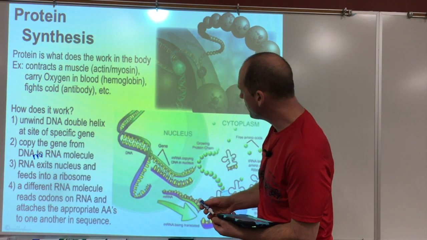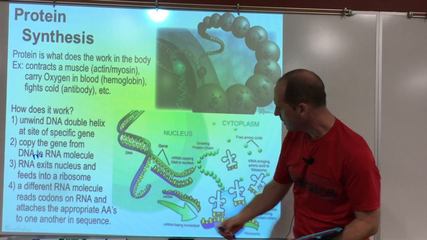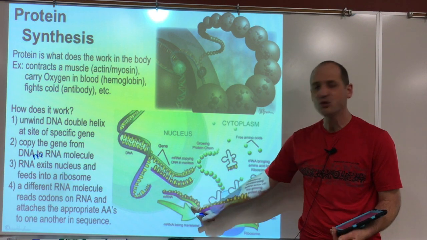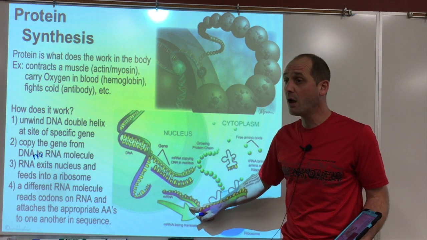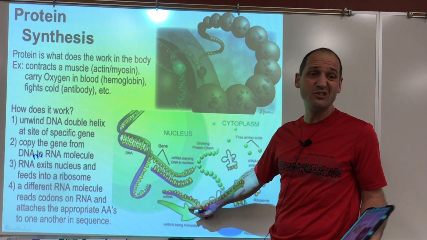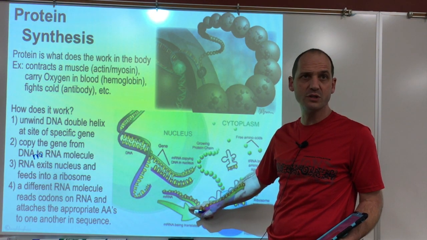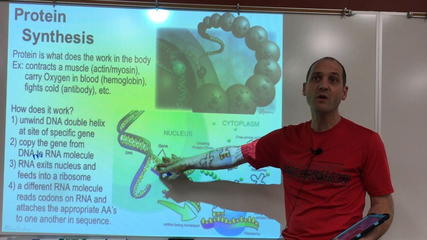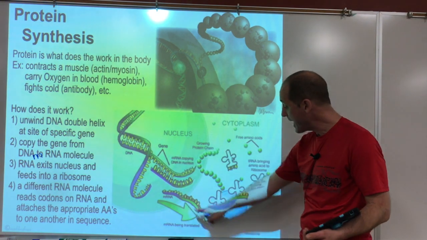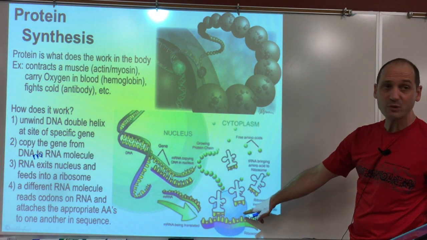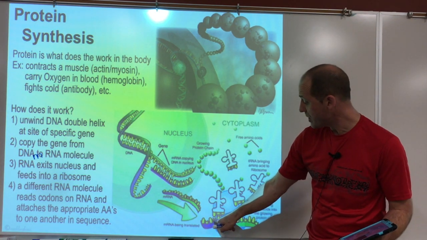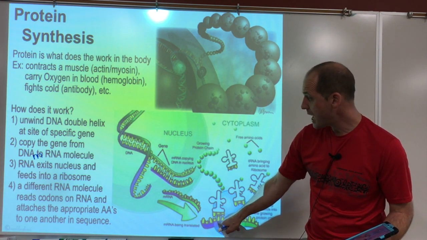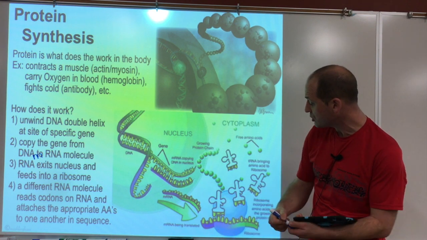And then that copy, that was a long discussion on that, leaves the nucleus through one of the pores. Because we have a copy, if it gets destroyed, it's okay. It's a copy. We still have the original inside. The original will not leave the nucleus. And then that copy goes to the ribosomes, and on the ribosomes we read these triplet things, these codons, and this is also called an RNA.